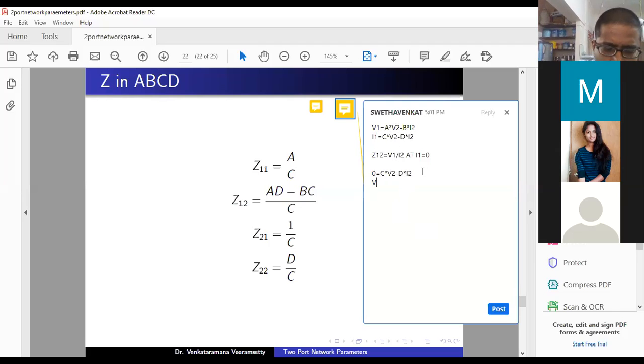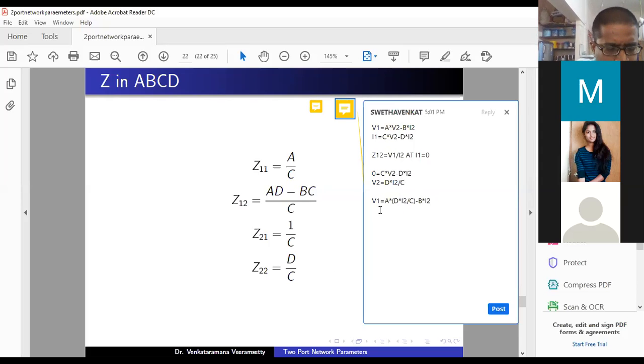So how do we write V2? V2 equal to D into I2 divided by C. Now replace this V2 expression here. Then we have V1 equal to A multiplied by D into I2 divided by C, that is the V2 expression, minus B into I2.